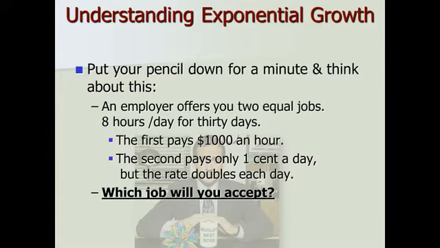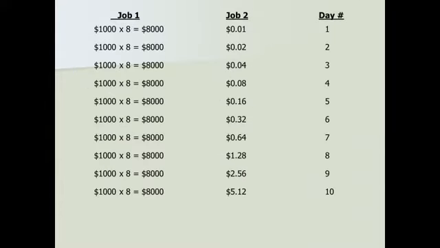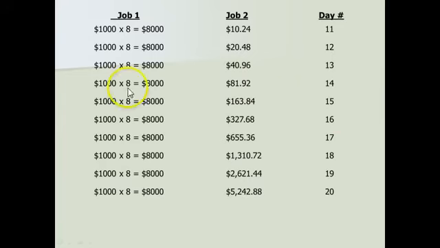Well, that seems like a no-brainer, but let's look at what happens over time. Here's job one, making $8,000 a day. Here's job two, paying a penny a day. Well, 2 pennies, 4 pennies, 8 pennies, and so on. Well, what happens over the next 10 days? Well, predictably $8,000 a day. This job continues growing. So at the end of 20 days, this person's almost making as much per day as this person.